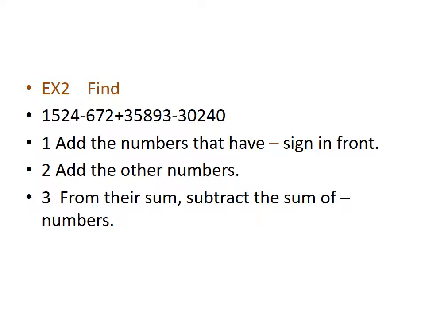That means first of all you have to add 672 and 30240. Add the other numbers which have the plus sign. That means first we will add 1524 and 35893. From their sum, subtract the sum of the other numbers.